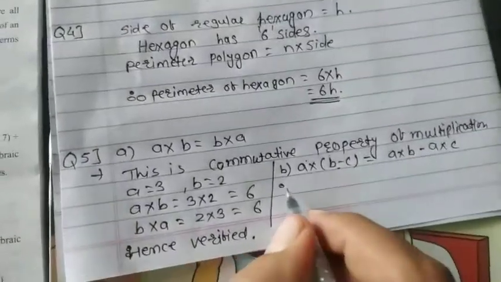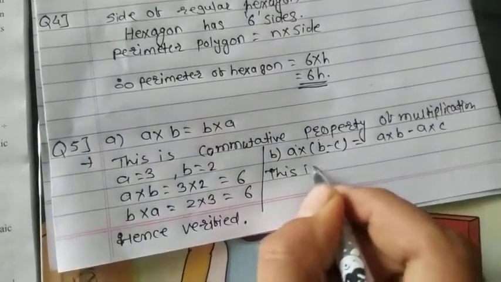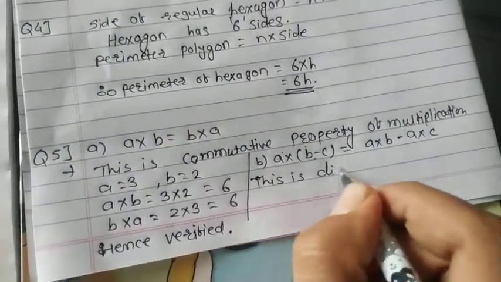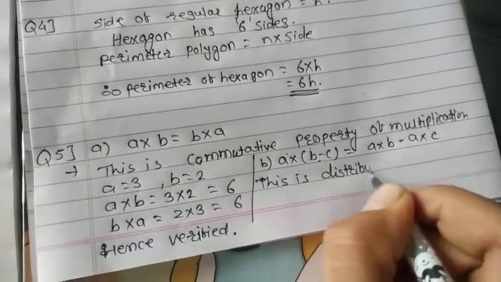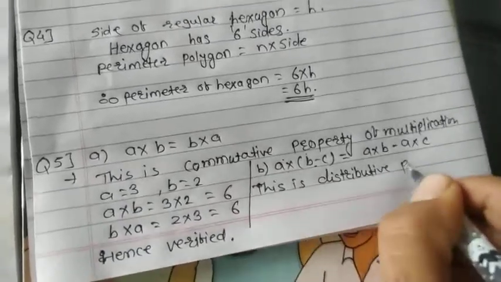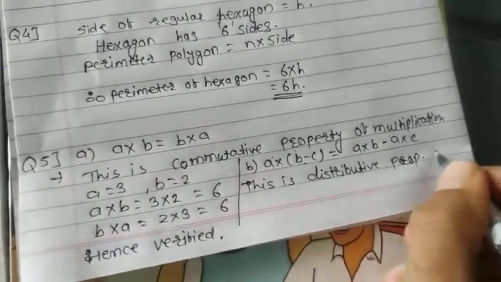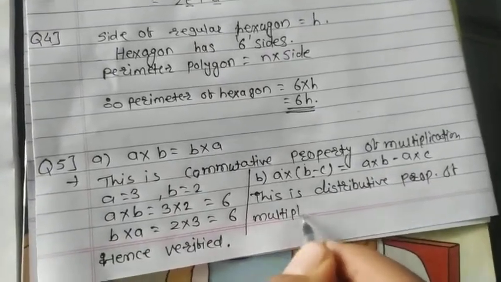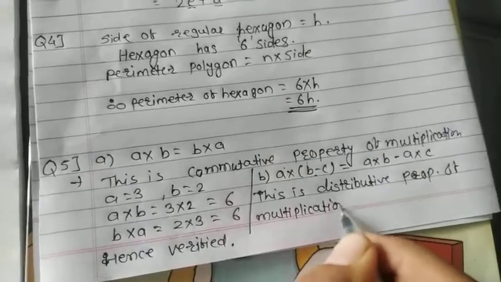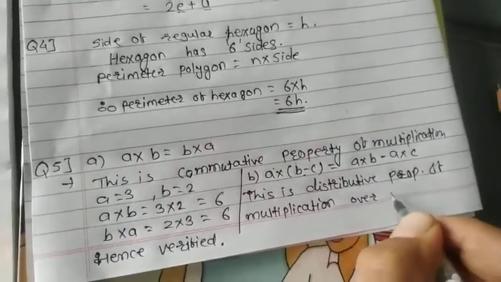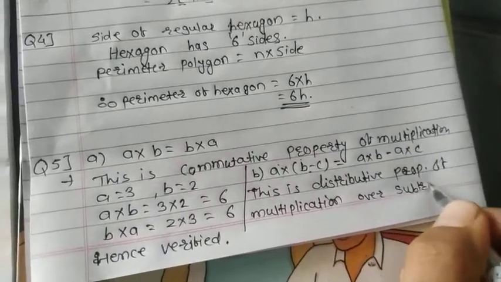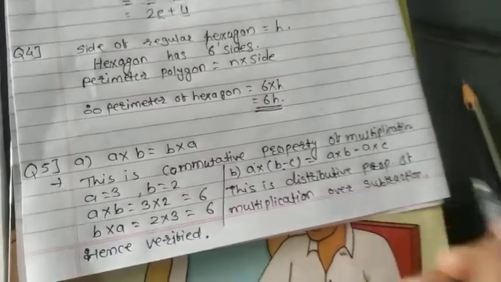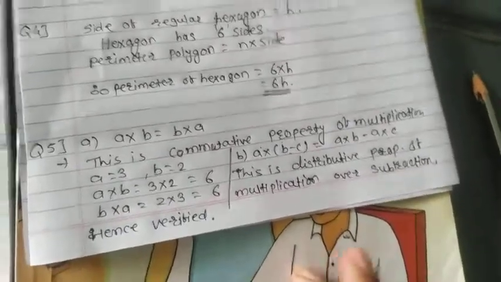Therefore this is the distributive property of multiplication over subtraction.